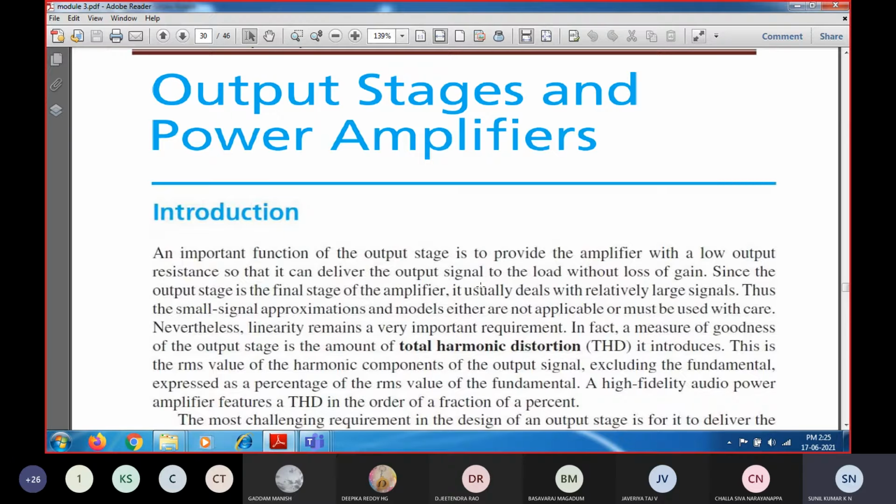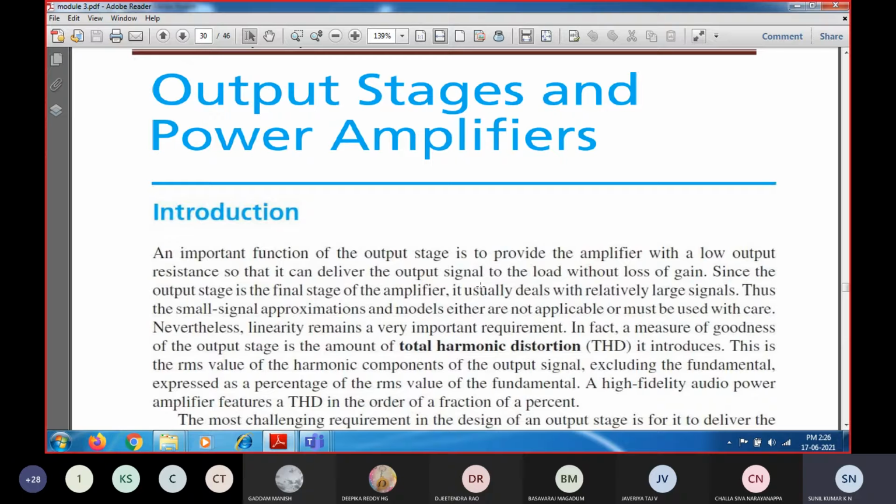Before starting with the power amplifier, we should know what a power amplifier is, and where exactly we are going to use this circuit. The transistors we have seen, the BJT as well as the MOSFET, used as amplifiers in module 1 and module 2, are small signal amplifiers.